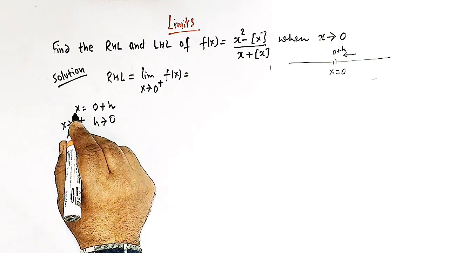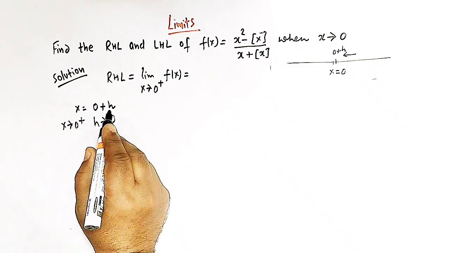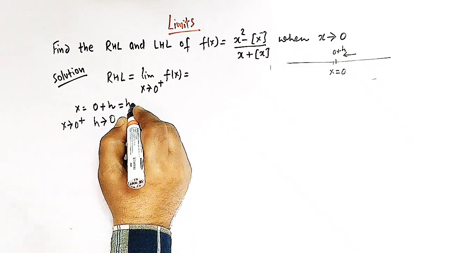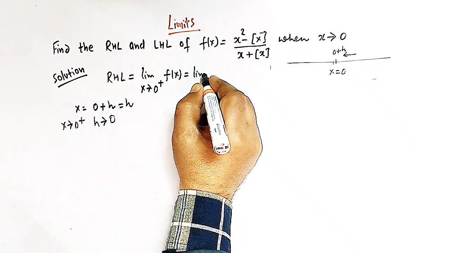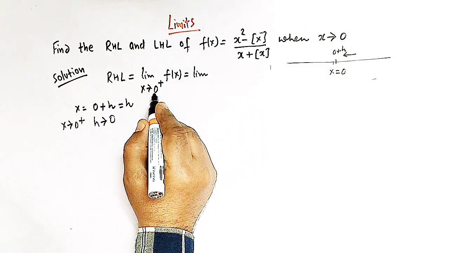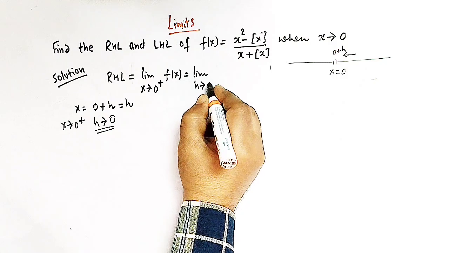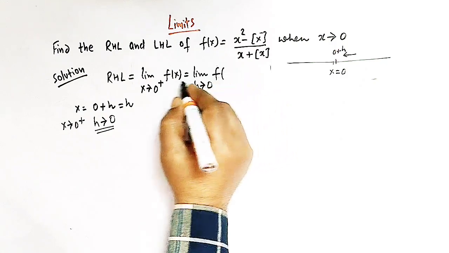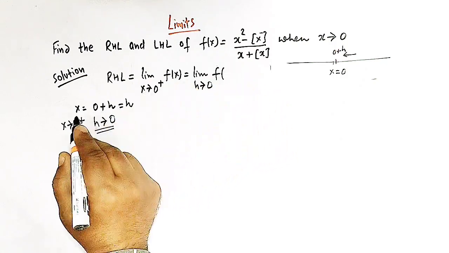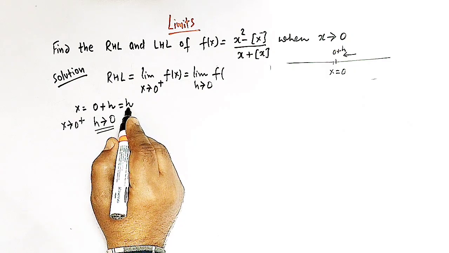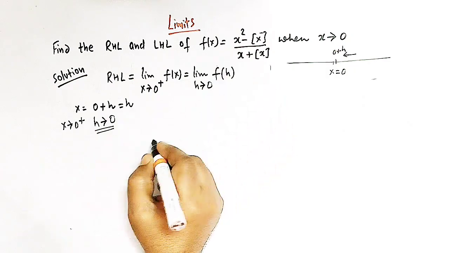So now we can take x is equal to 0 plus h, that is simply h. So now we have limit when x tends to 0 positive, then we have h tending to 0, and here we have f of x is 0 plus h, that is h. So here we have f of h.